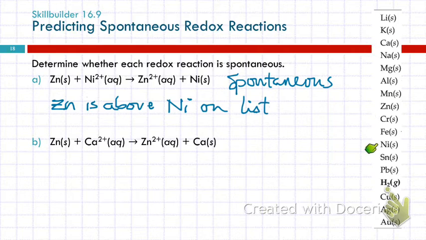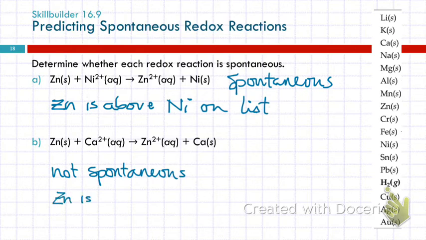So if the girl has to choose between zinc and calcium, she's sticking with calcium. This guy's better, in her mind at least. So this is not spontaneous. This reaction will not happen by itself. Zinc is lower than calcium on the list. Any questions?